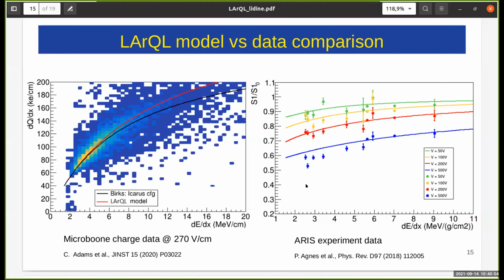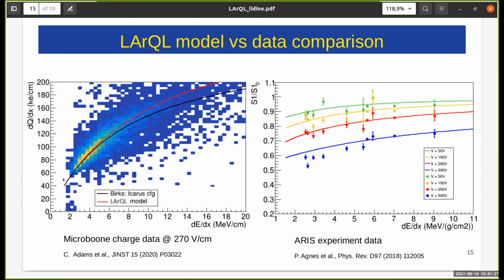So what you see to the right here is the comparison of the fitted model to the ARIES data. As you can see, for different applied electric fields, we see reasonable agreement between the data and the model. But we also had this interesting surprise when we compared what came from the model with this DQDX versus DEDX measurement that has been published by MicroBooNE recently.